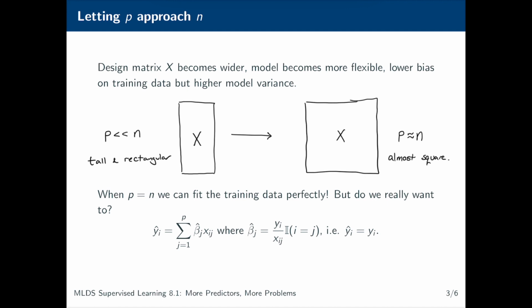Effectively, what we're doing here is assigning each observation its own coefficient within our model. Our estimated value for yi is just going to be the observed value. This might sound great, but coming back to that bias variance trade-off, it's not really what we want to do. We want to construct a model that generalizes well, not that predicts well within our training data.